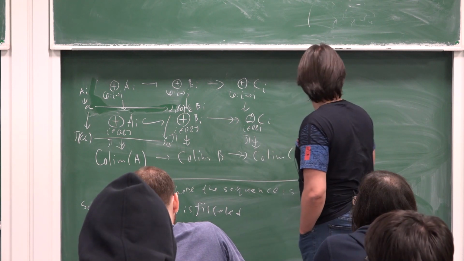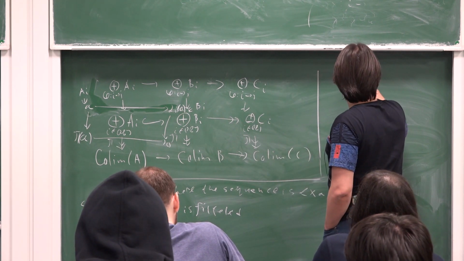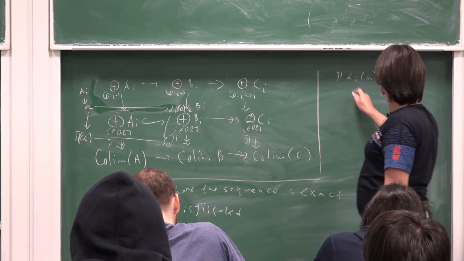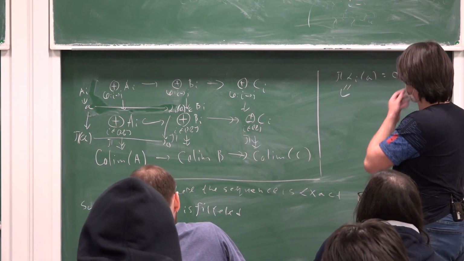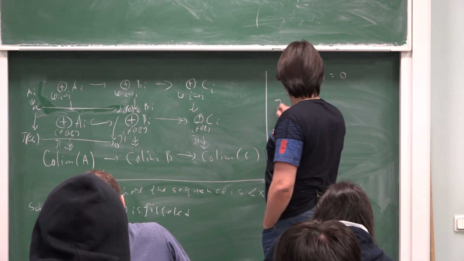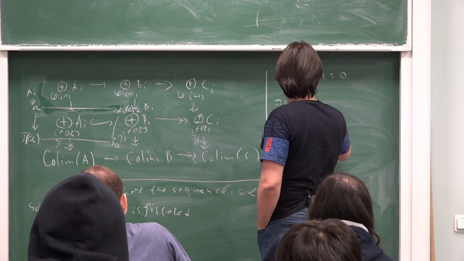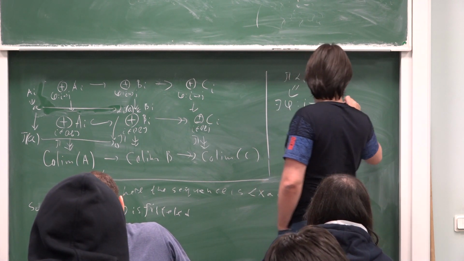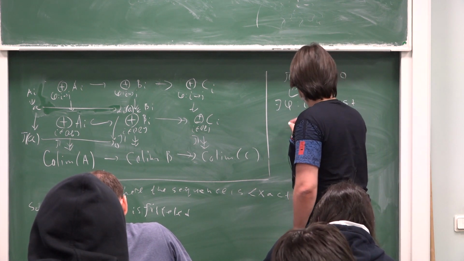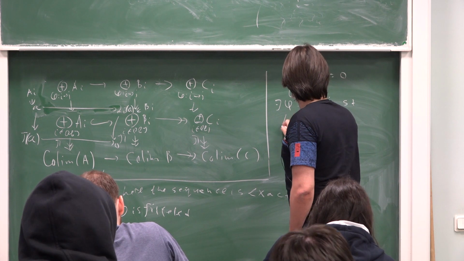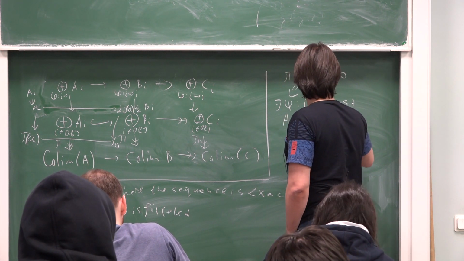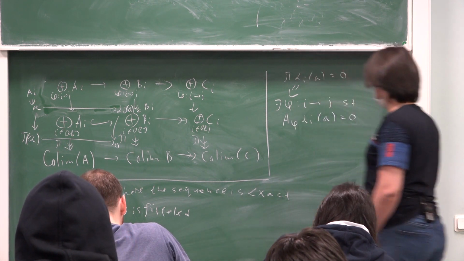So by our lemma, there exists some phi from I to j such that A phi alpha I of a is 0.